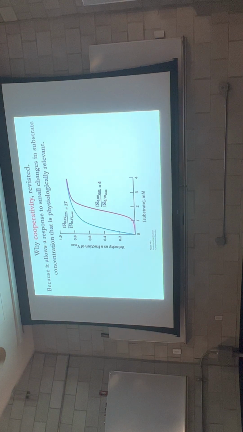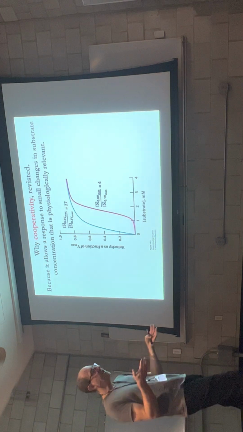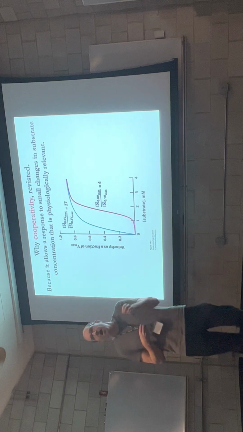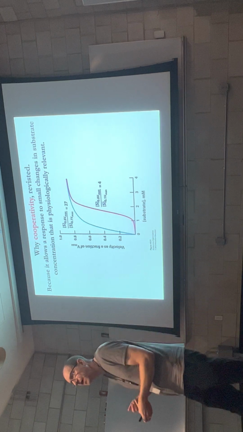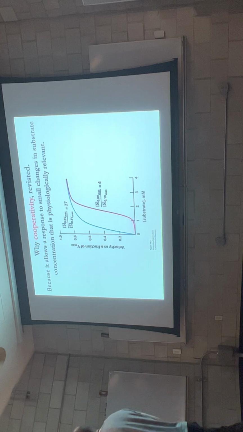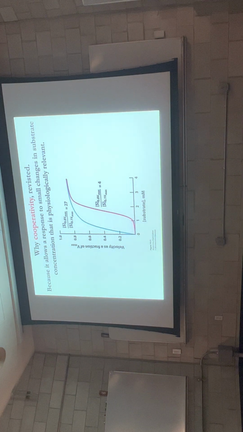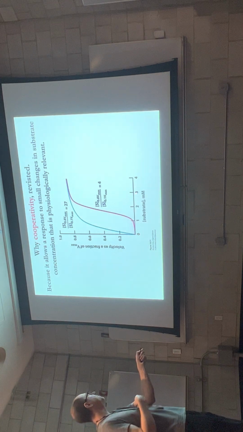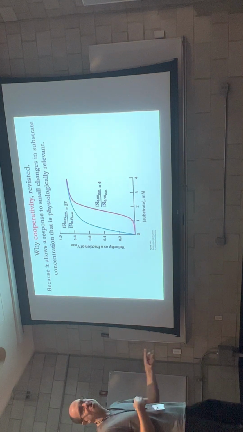So the enzyme is responding to a much smaller change in the concentration of that substrate. And so this is ultimately the reason why we observe cooperative enzymes in cells, because there are going to be scenarios where substrate concentrations don't vary this much.